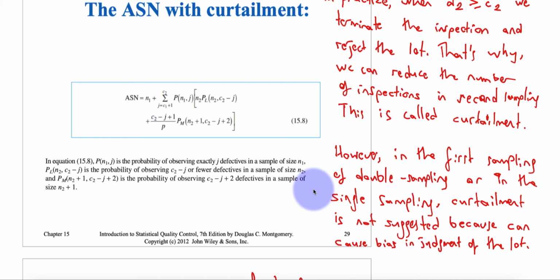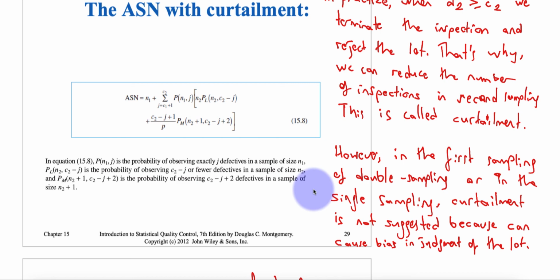And if your acceptance level is 2, then you need to reject the lot, right? Because it exceeds that acceptance level. But if you do not make 100% inspection there, and if you terminate the inspection immediately after you have observed the number of defectives exceeds the acceptance level, this will create prejudice against the lots and against the supplier, and people will believe that the rest of the lot also is corrupted.